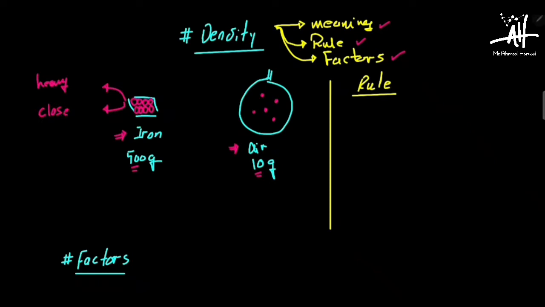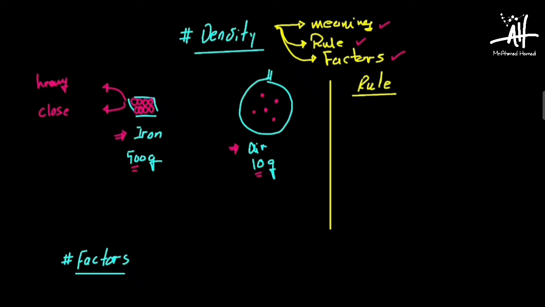The higher density material, or the high density material, contains a huge amount of heavy particles, and they are tightly packed, or they are close to each other. And the material with less density, or less dense material, contains small particles, and they are far apart from each other.